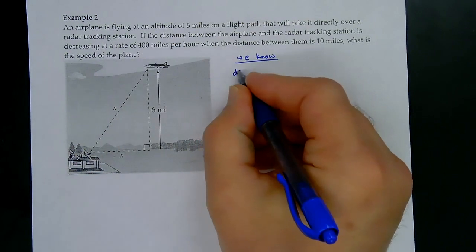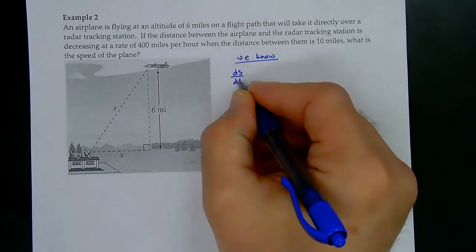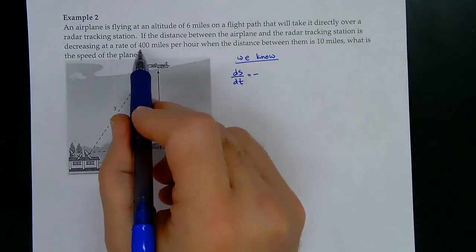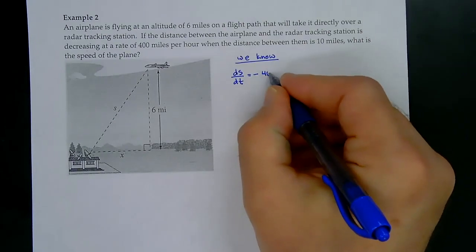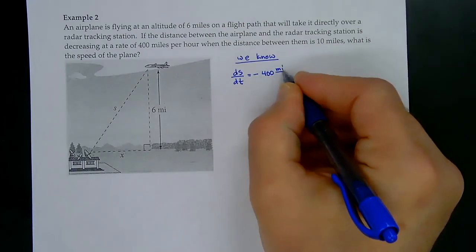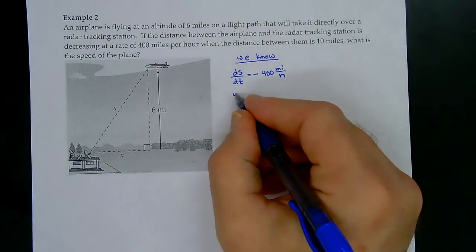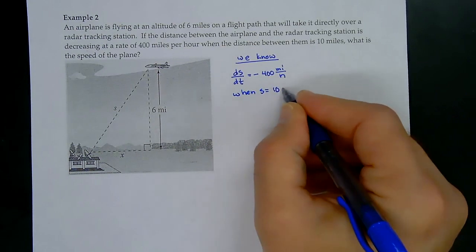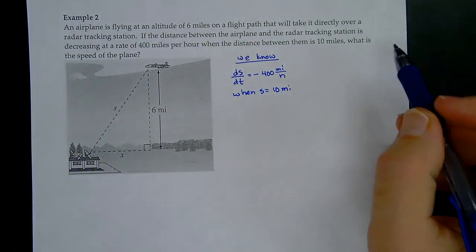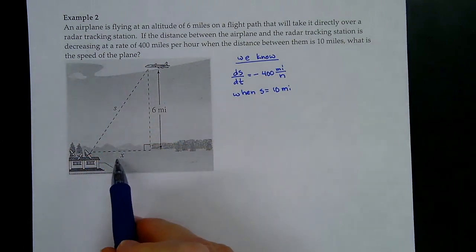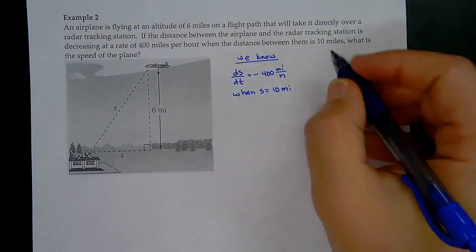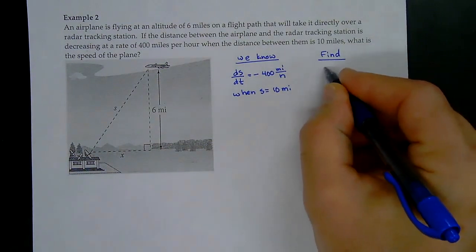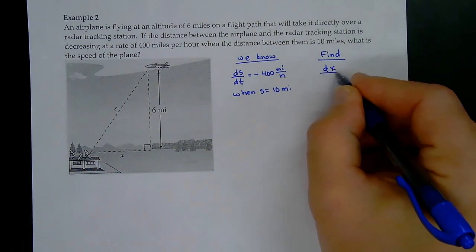So we know that ds over dt is equal to negative, because it's decreasing, 400 miles per hour, and that it is this only when s is equal to 10 miles. And then we want to know the speed of the plane. So the speed of the plane would be the dx over dt. So we want to find dx over dt.